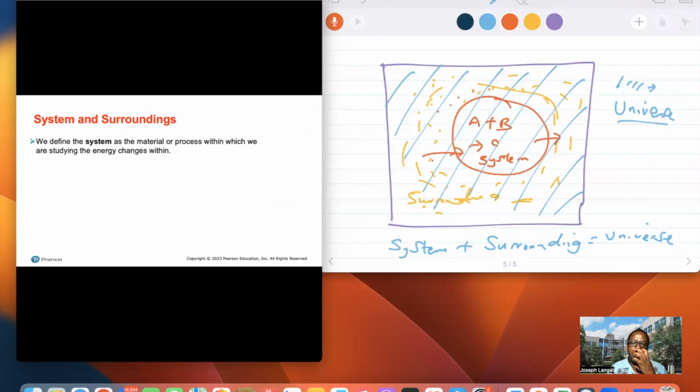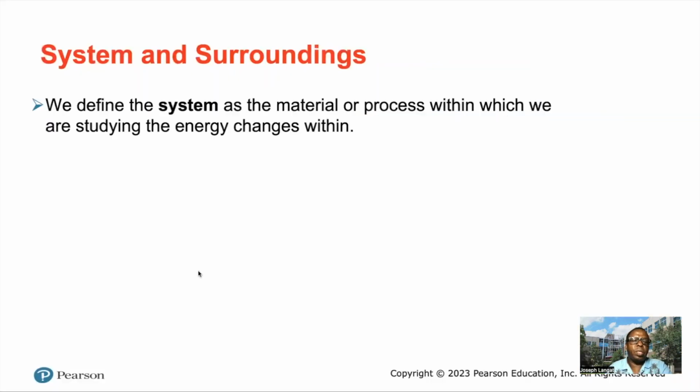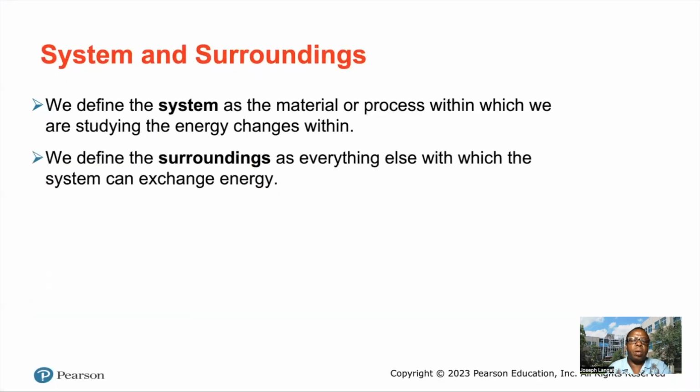This is the area where we focus, looking at whether it is releasing heat or absorbing heat from the surrounding. We define the surrounding as everything else with which the system can exchange energy.